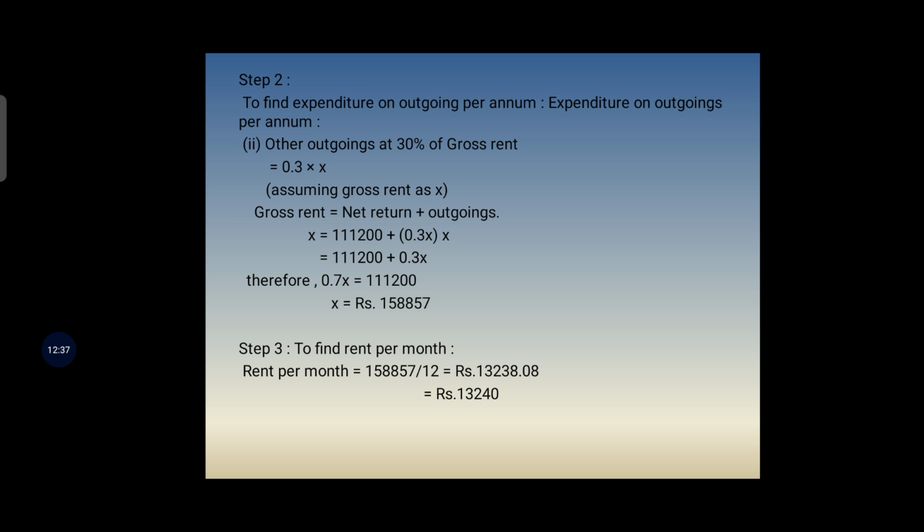Gross rent is equal to net return plus outgoings, so x equals net return plus outgoings, that is 0.3 into x. Calculated, therefore, 0.7 into x equals 1,11,200, so x equals 1,11,200 divided by 0.7, which gives the final value of x, the gross rent.